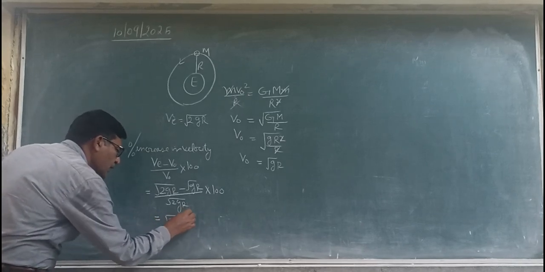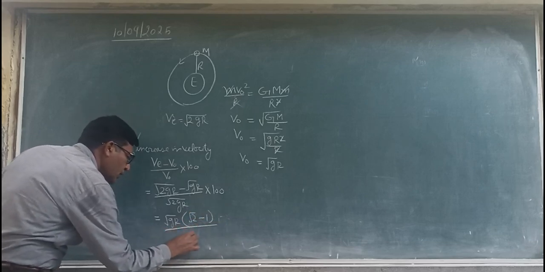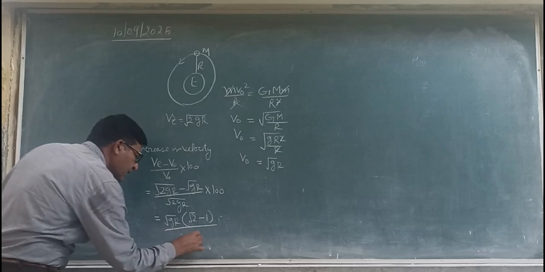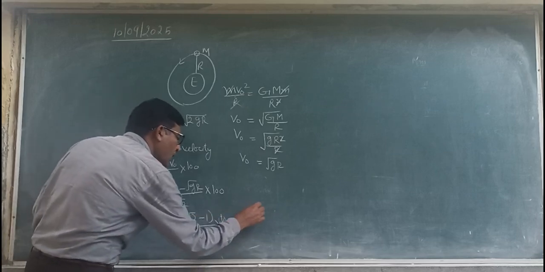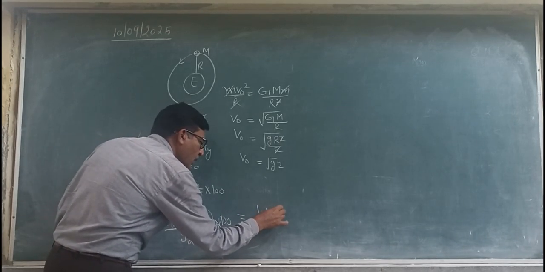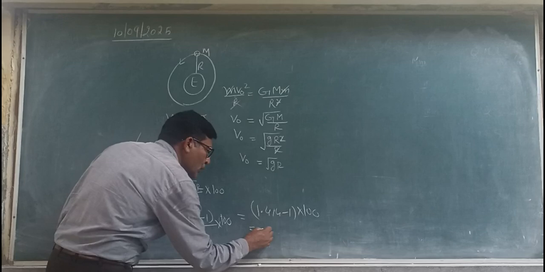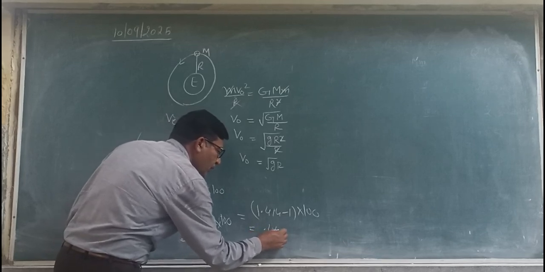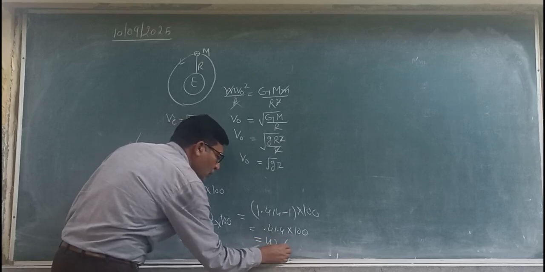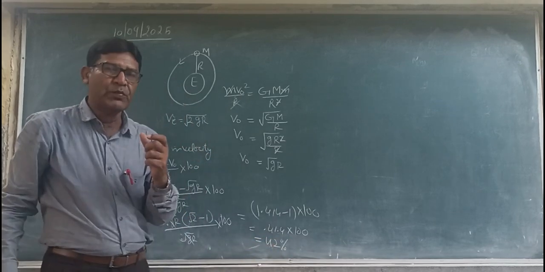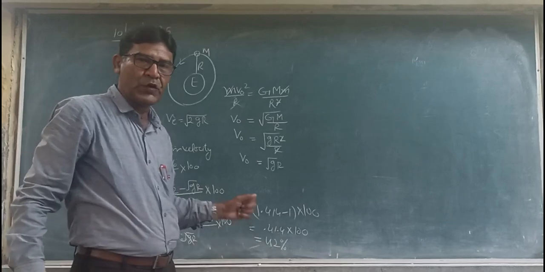Root gr is common: (root 2 minus 1) upon root gr. This gets cancelled and you are left with (1.414 minus 1) multiplied by 100, which is 0.414 multiplied by 100, approximately equal to 42%. So for the moon to escape from this orbit, the velocity must be increased by 42%.